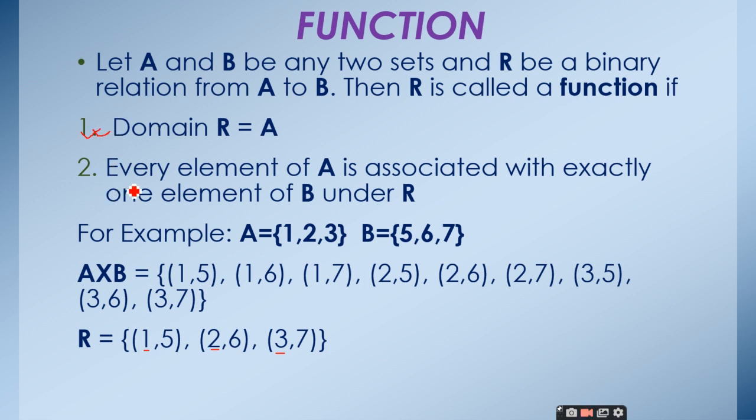Let's see the second condition: every element of A is associated with exactly one element of B. As you can see, 1 is associated with 5, 2 is associated with 6 and 3 is associated with 7. So the second condition is also fulfilled. So the relation is a function from A to B.